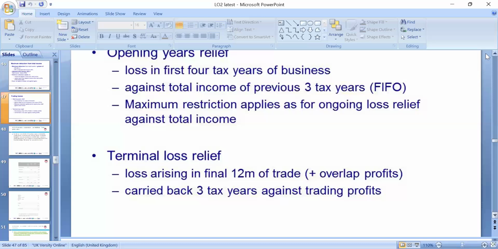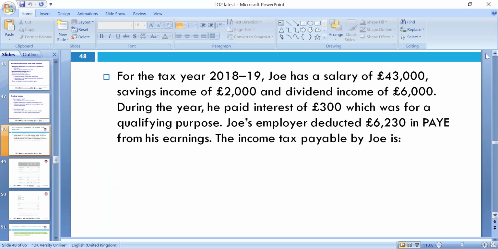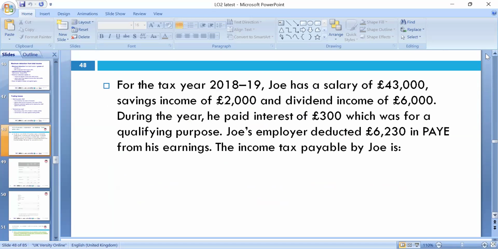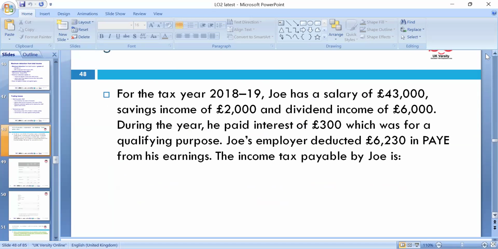We can use first in, first out, with the income from the previous 3 years, maximum restriction applies, ongoing loss relief, and terminal losses if you have them, with carry back, so we need to make sure we adjust. Okay, so you will see here an example: Joe's salary, savings income, dividend income, and interest paid.